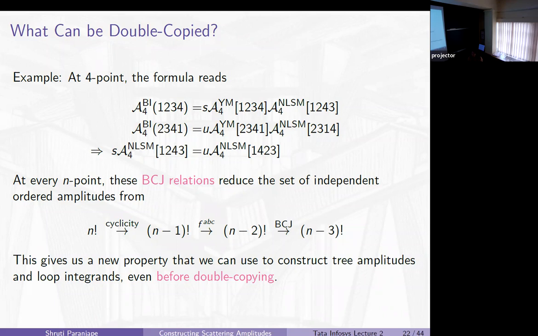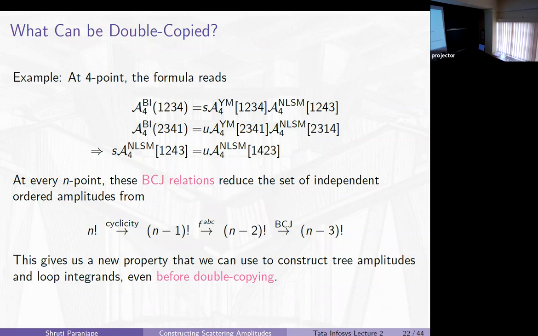You don't have to take this that seriously. This is all to say that only special theories can be double copied. You can't double copy a generic theory. It has to satisfy some relations, which are typically called the BCJ relations. If you count the number of orderings at n points, it's n factorial, but traces are cyclic, so it's (n-1) factorial.